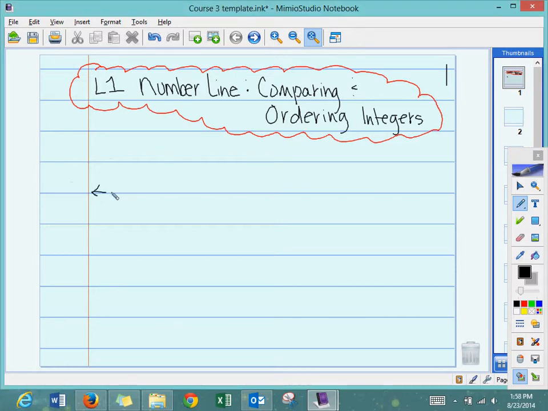So draw a number line. We're going to put 0 in the middle. We can also call 0 the origin. Okay? So if somebody asks you how far away from the origin something is, we're talking about 0 on a number line.